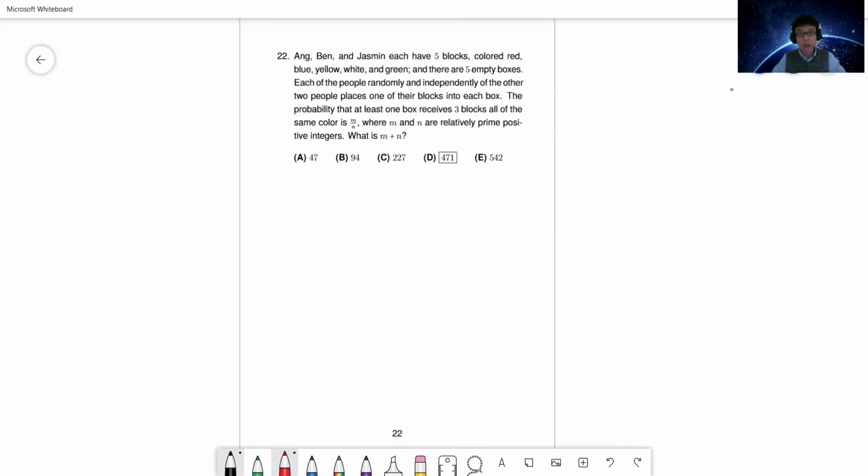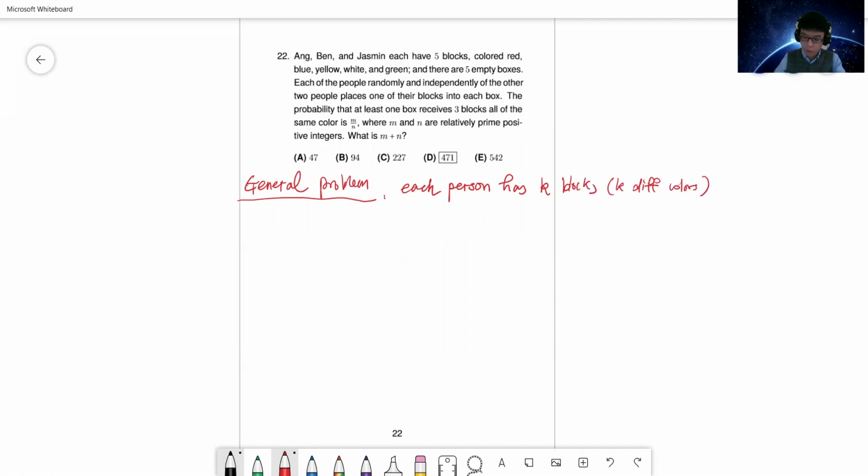Here we consider a general problem. Suppose these 3 people each have K blocks, of K different colors, and there are K empty boxes.